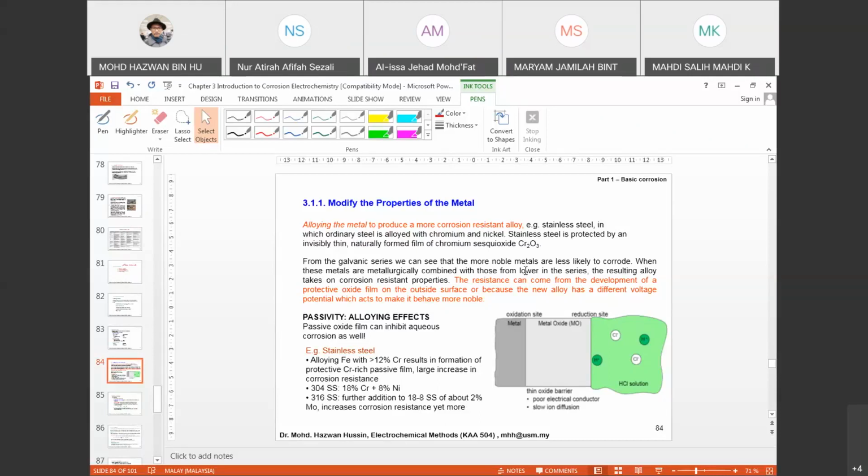As an example for stainless steel, SS304 has around 18% chromium with 8% nickel, and SS316 has a further addition of around 2% molybdenum, which also increases the corrosion resistance of that metal.